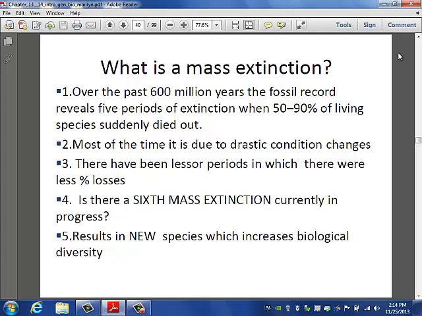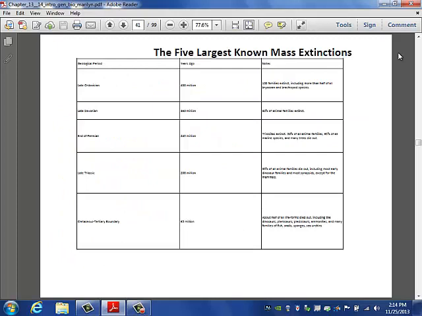But these 5 are the big losses. Mass extinction. Is there another one to come? Who knows? We're doing a good job, aren't we? Results in new species which increases biological diversity. Well, I don't know so much about new species, but what happens to the species that exist?